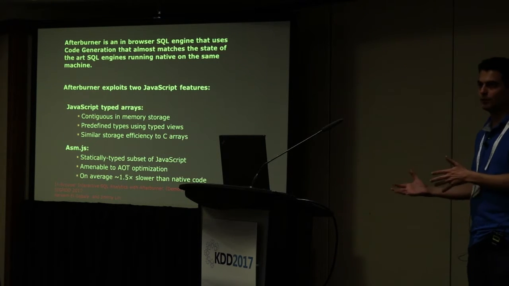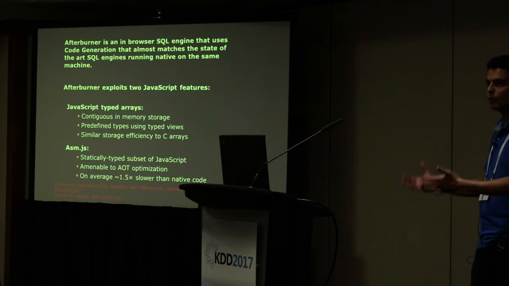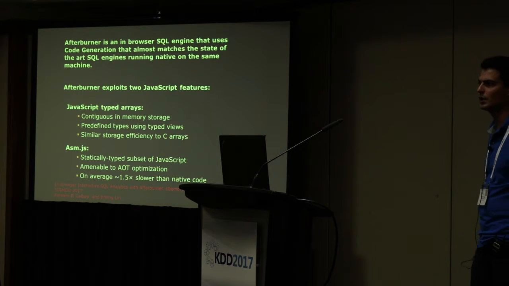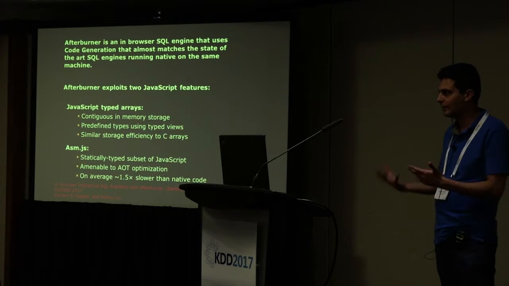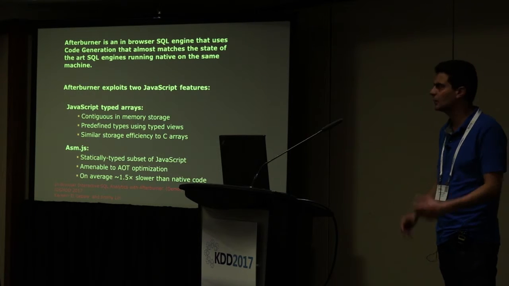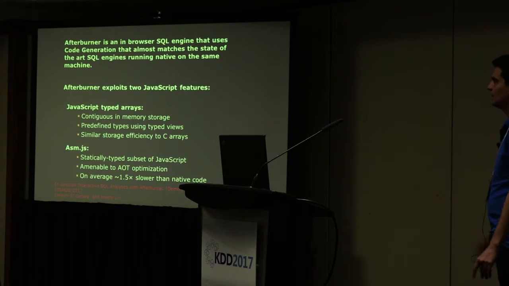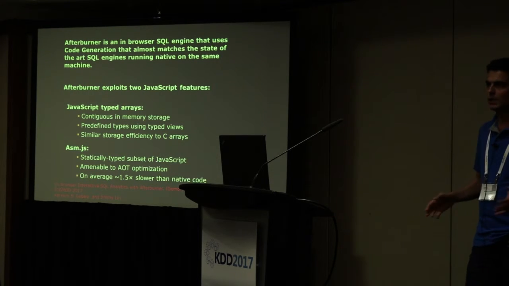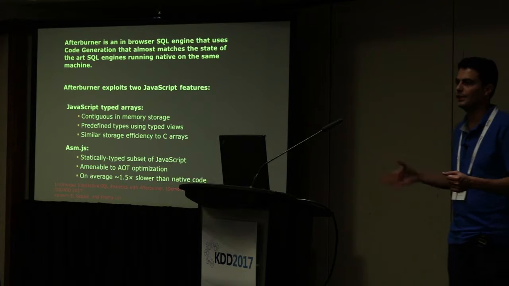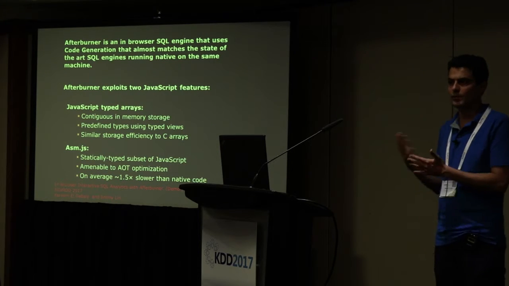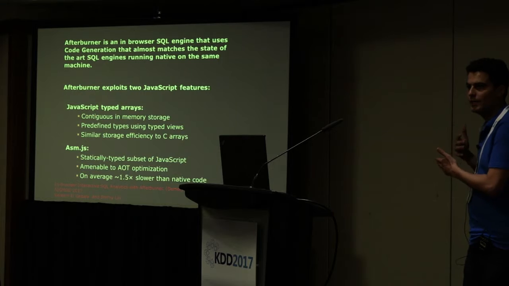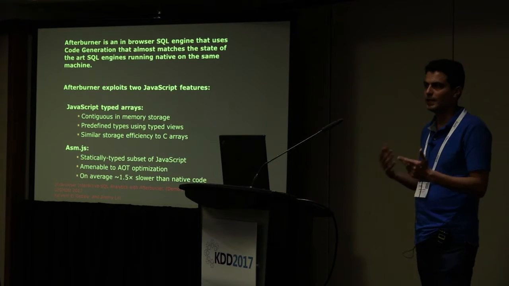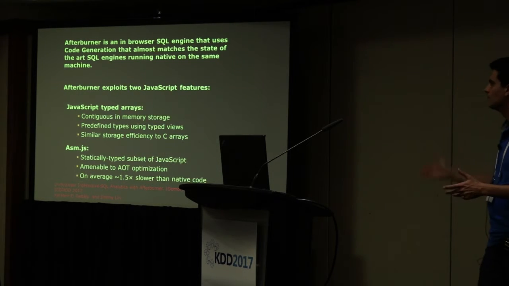Now for the second part, which is required for the data cube exploration, mainly the SQL heavy lifting part, we use Afterburner. Afterburner is an in-browser SQL engine that uses state-of-the-art optimizations from the analytics field.